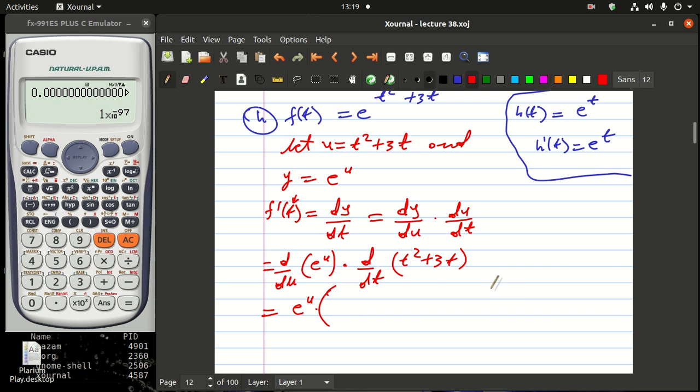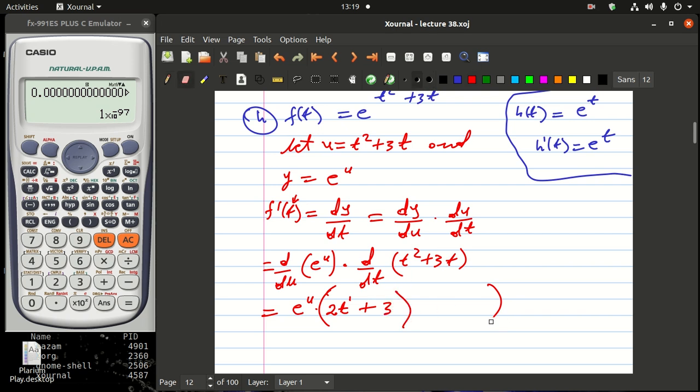Take note that I always have big brackets when I have to deal with this because I don't want to end up making mistakes. Always have those two brackets. And then this one is a power function, so I know that I have to bring the 2 down, have a t, subtract a 1 in the exponent, so I still have a 1 there, and then plus. What is the derivative of this? We know that this is going to be just a 3.